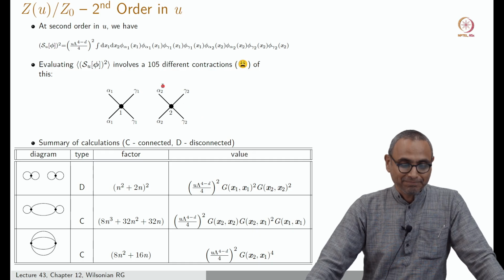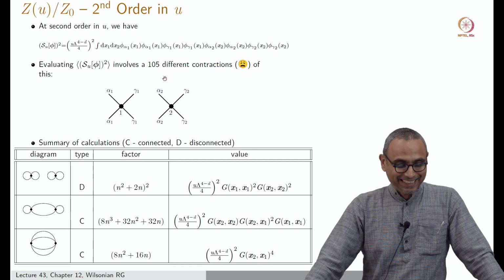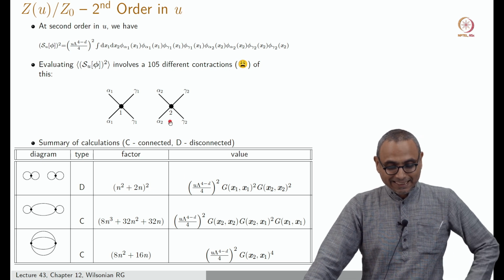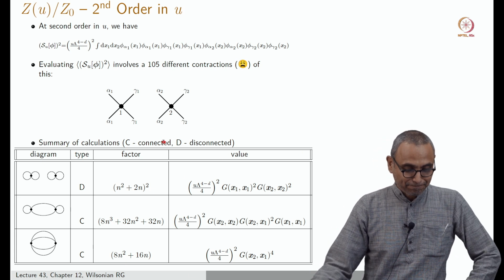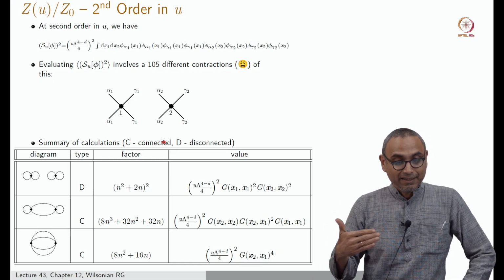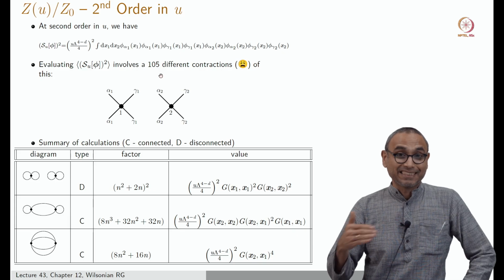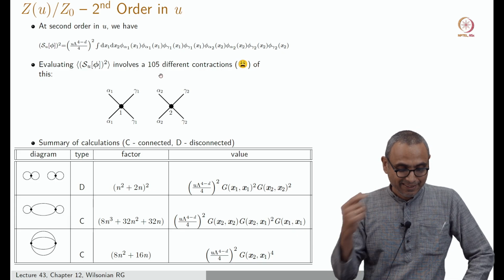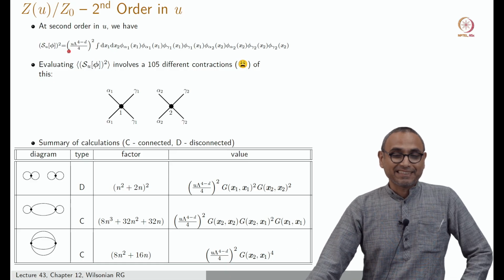I think it's correct. I hope it's correct, otherwise it will be slightly embarrassing. Okay, so that is the story. This looks a bit daunting, but there are systematic ways to do this calculation. So we have done the second order.